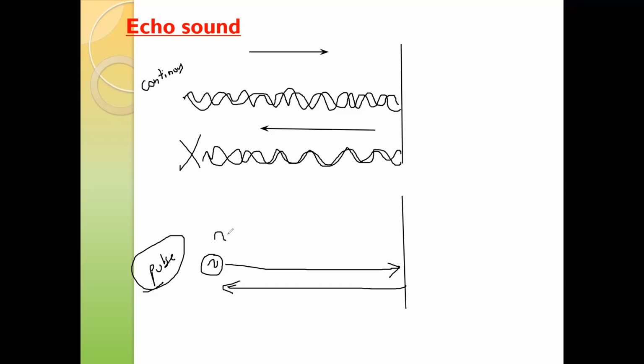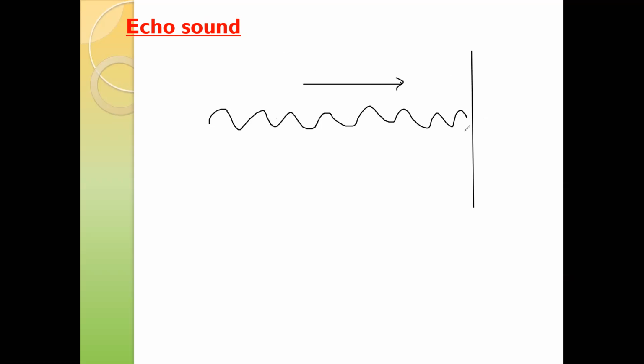Because when we use a pulse, we use one wave, that wave will travel, hit the surface, and when it returns, we will know that this is the wave which bounced back. So whenever we study the reflection of the sound or echo, we always prefer to use a pulse rather than a continuous wave, because we can distinguish between the wave which is sent and the wave which is received.